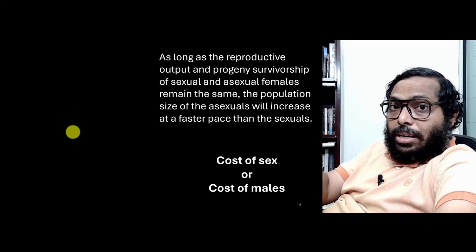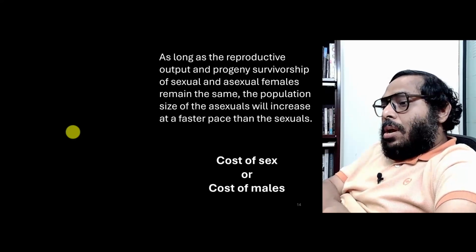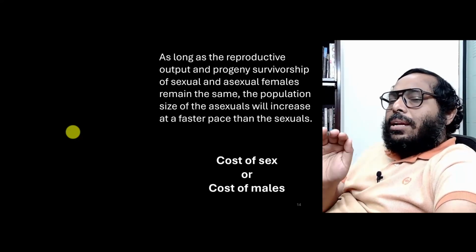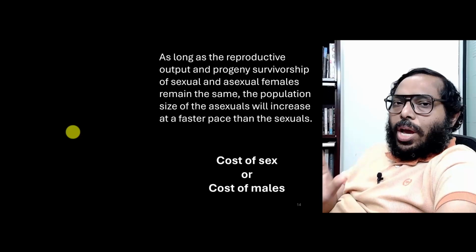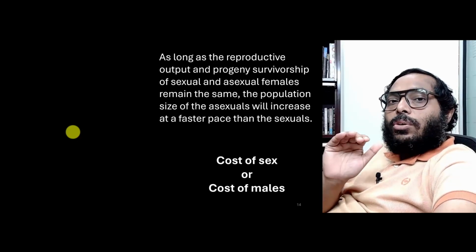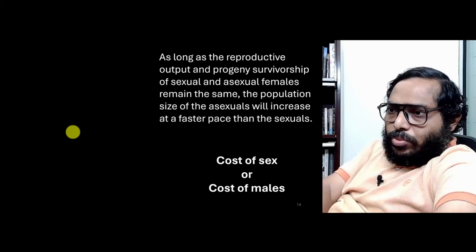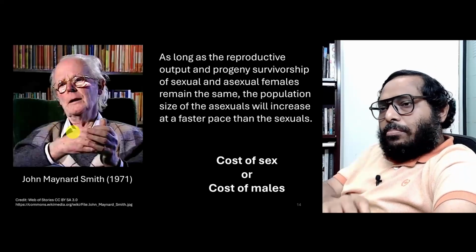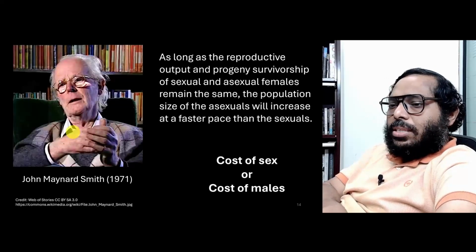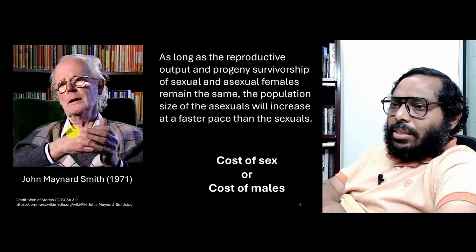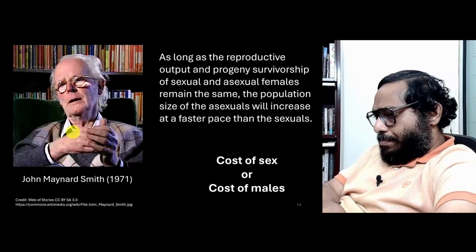Both of them are technical terms, essentially meaning that if you have sexual reproduction, then the population growth rate is going to be lower. And this concept was given by the famous British evolutionary biologist John Maynard Smith in the year 1971.